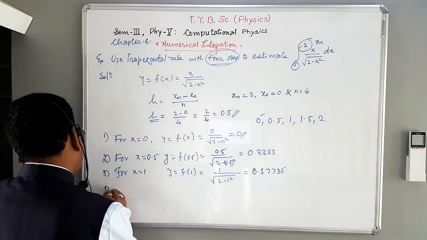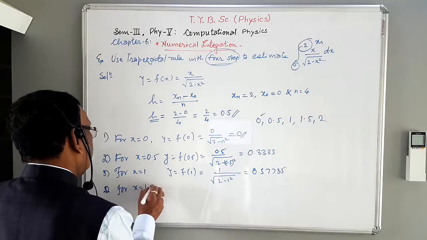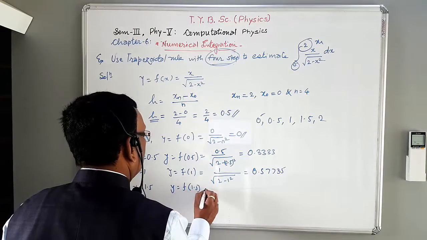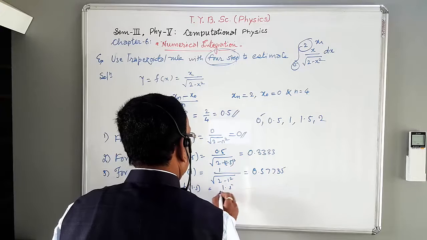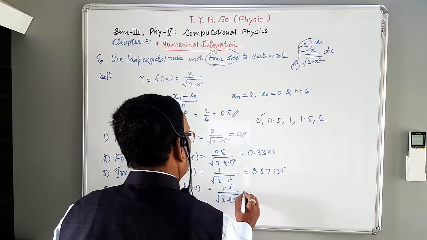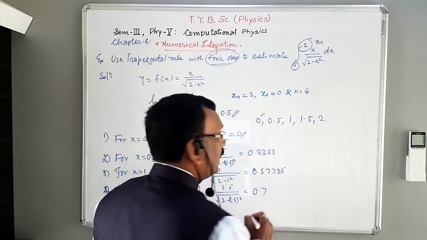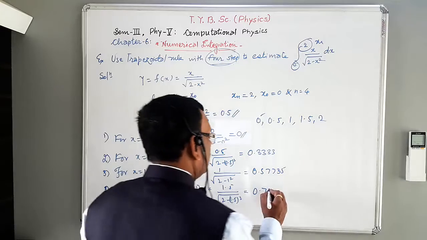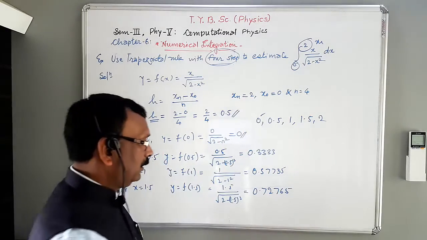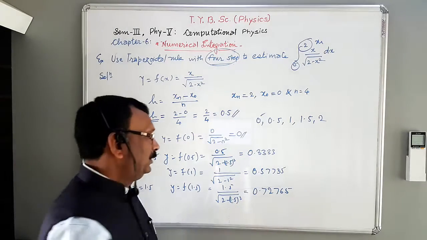Now, if we substitute the next value x is equal to 1.5, then y is equal to f of 1.5 is equal to 1.5 upon under root 2 minus 1.5 square. Solve this by using a calculator, we will get 0.727607.